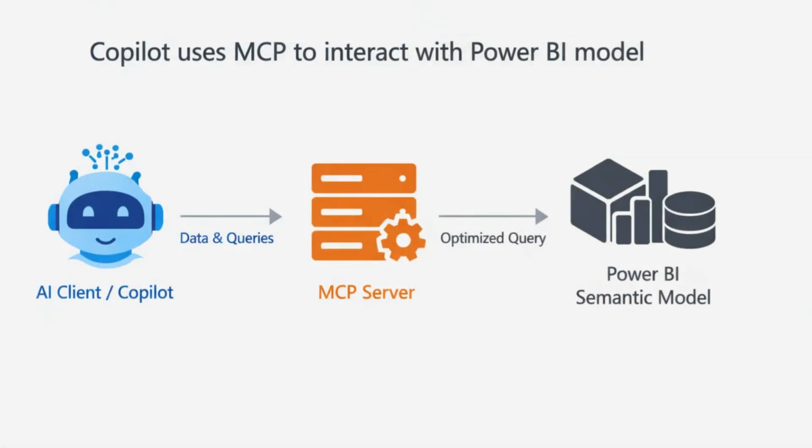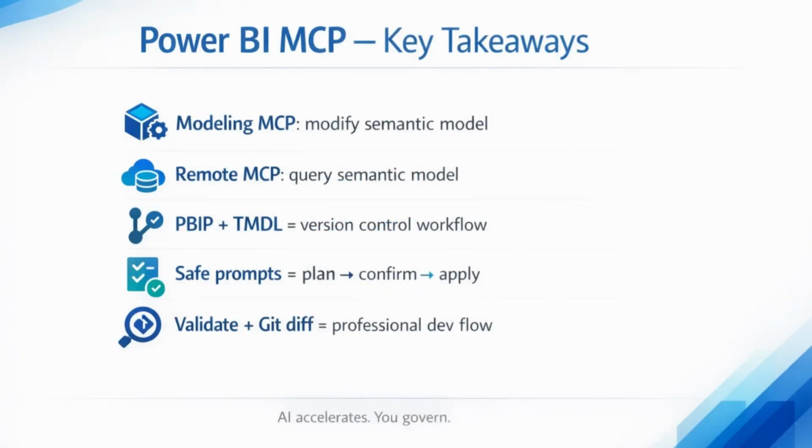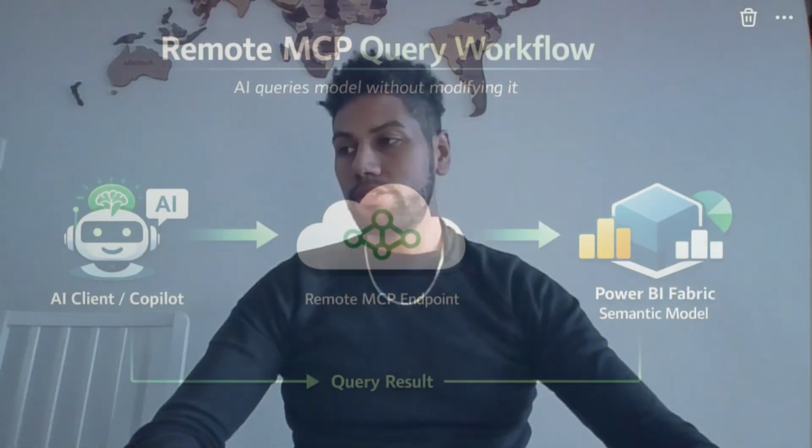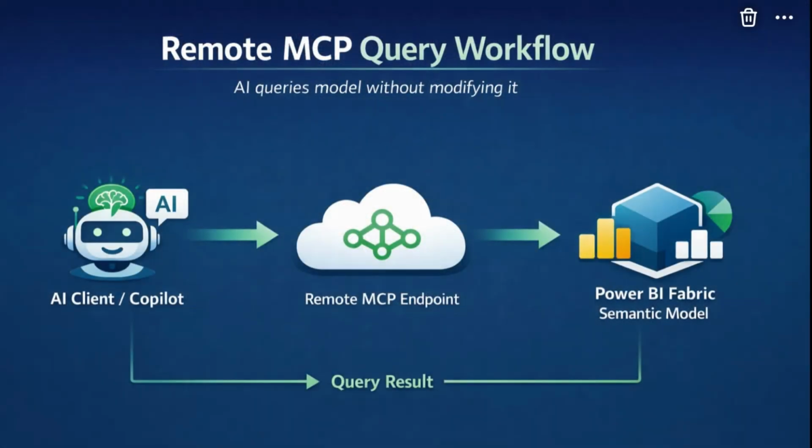Now, what is MCP? MCP stands for Model Context Protocol. That sounds heavy, but the idea is very, very simple. AI models like Copilot are very good at generating text, but Power BI is not text, okay? Power BI is a structured analytical engine, similar to Analysis Services. So MCP acts as a translator. It exposes specific tools.